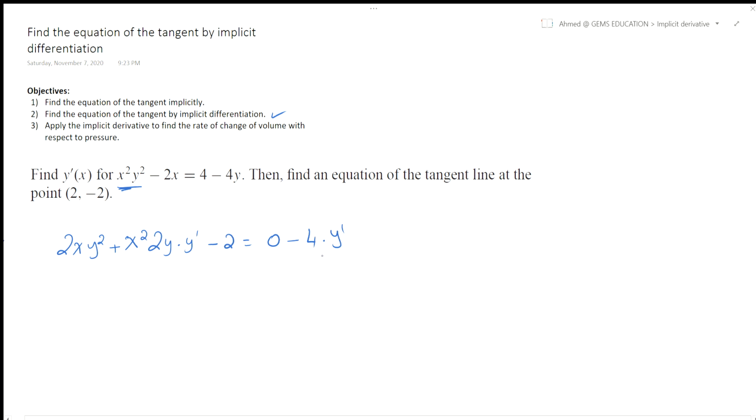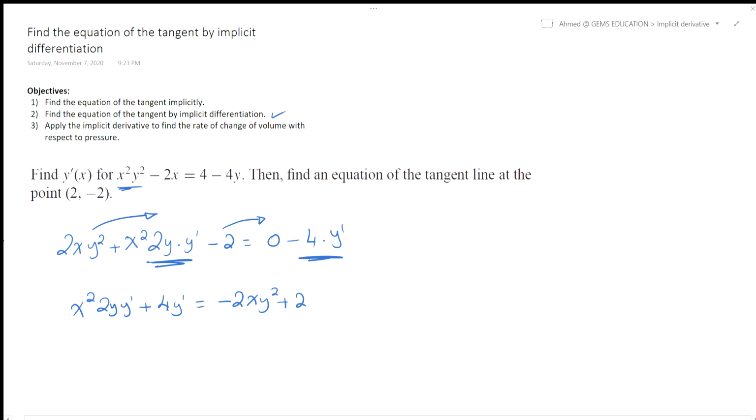So I'll write down x squared 2y y prime on this side, and move the negative 4y prime to this side as positive 4y prime. We'll move 2xy squared to the other side, and negative 2 to that side. So I'll have negative 2xy squared plus 2.